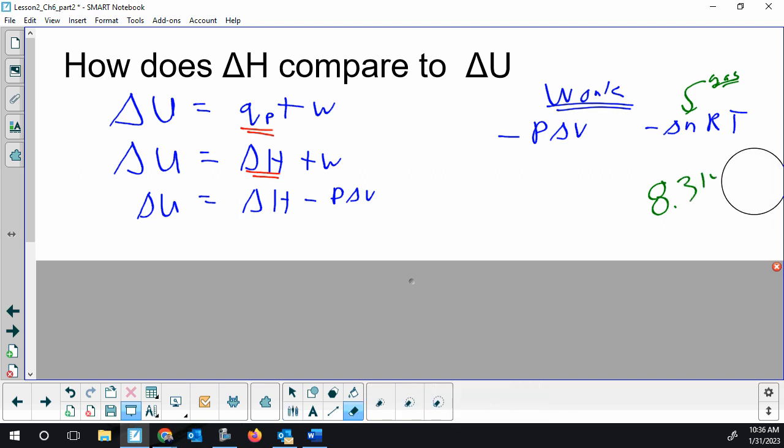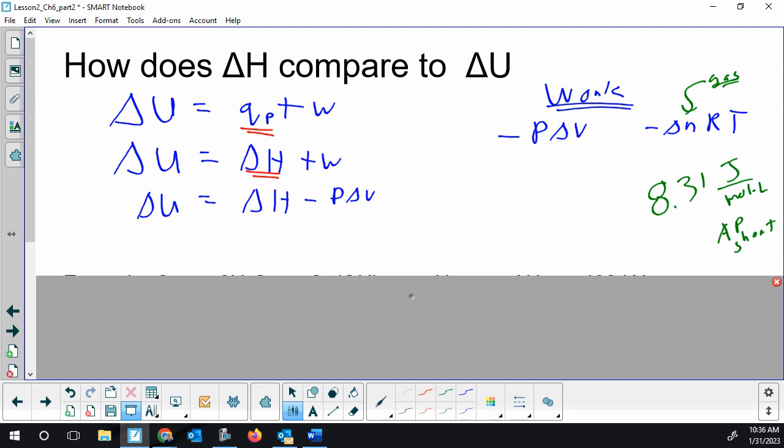In Chem 30, it was 8.314. Your AP formula sheet has 8.31 joules per mole per kelvin. Okay, and that's given to you. Or you can just divide that by 1,000 and express it in the kilojoule form. So again, that's not a memorize. It's on your AP formula sheet.